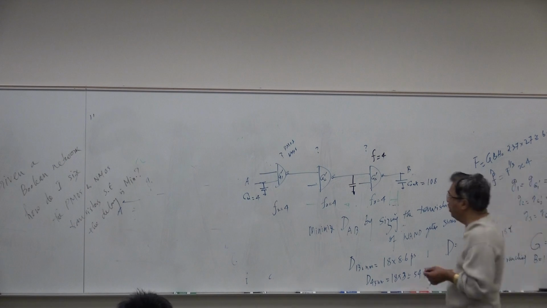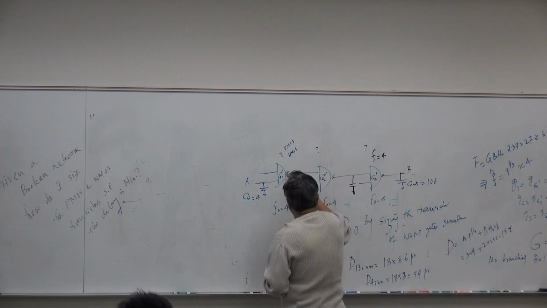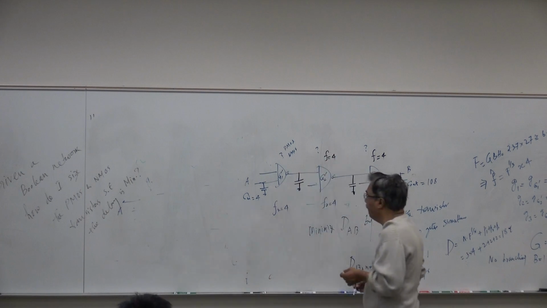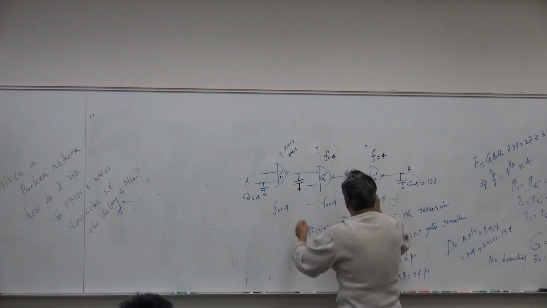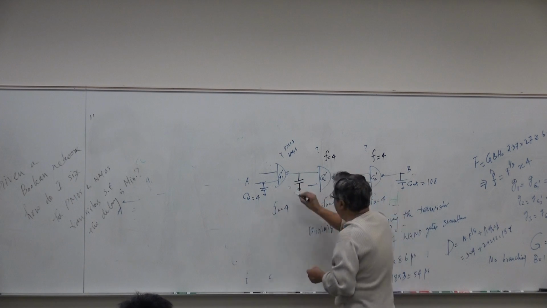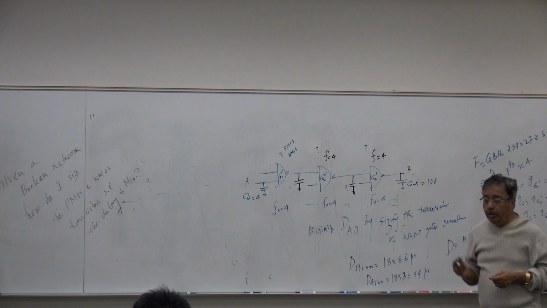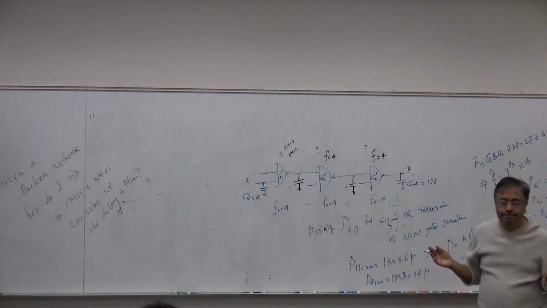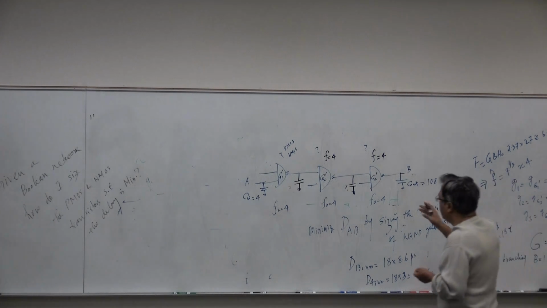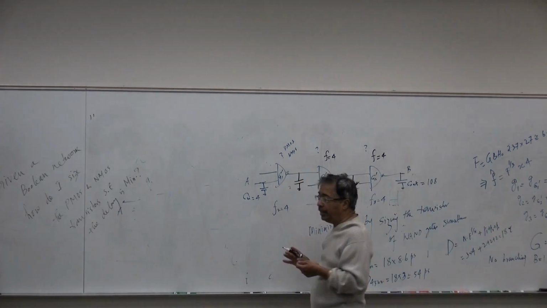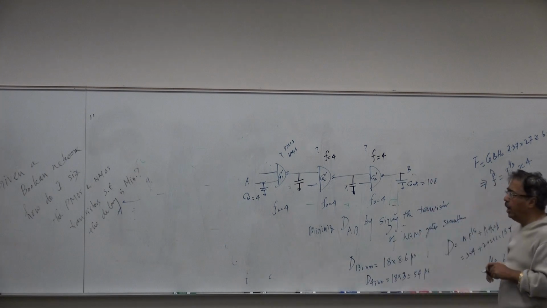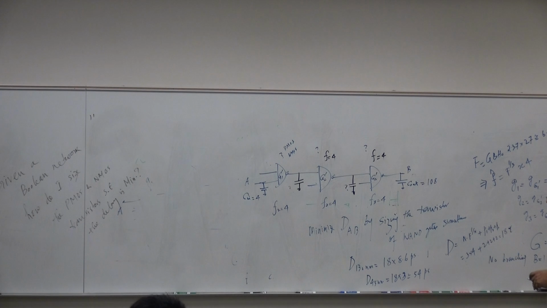Similarly, we'll have to extrapolate the value of the capacitance here so that the stage effort is 4. We know the capacitances here and here. So the question is, what is the value of this? If I know the value of this, then I can say the size of this and the size of that. So this is how we try to derive the size of the transistors.